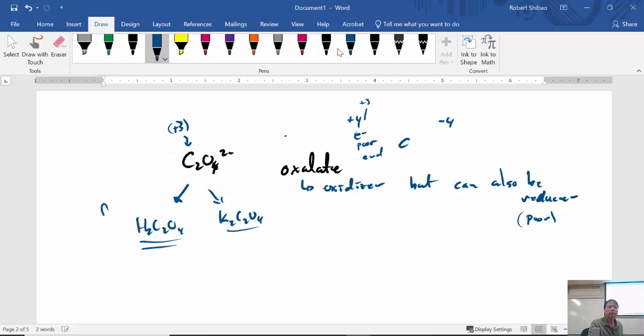Essentially what we're going to do is we're going to take our dichromate. Was that the acid form or the base form?